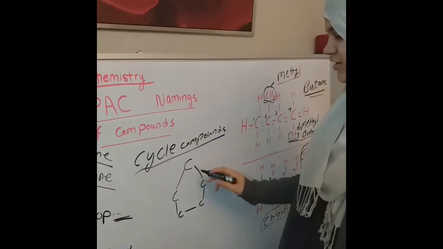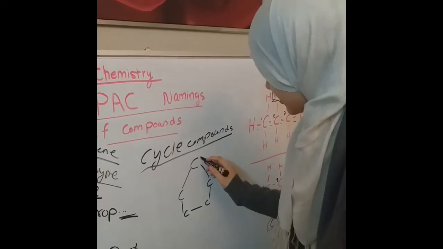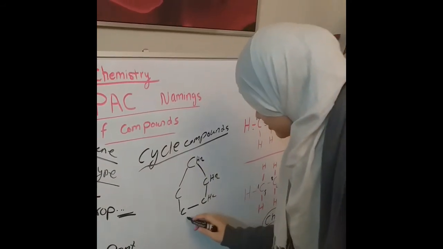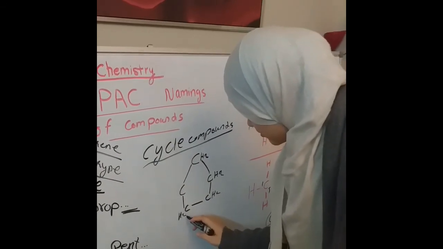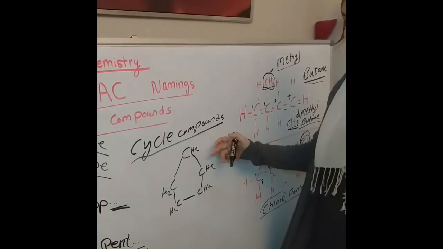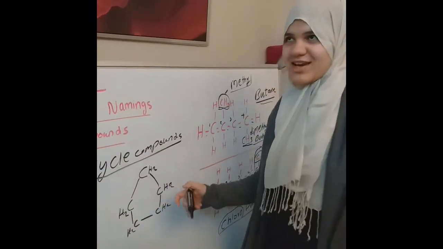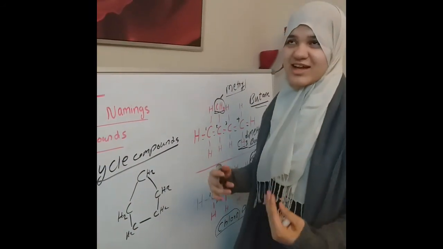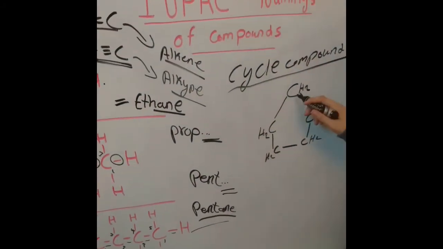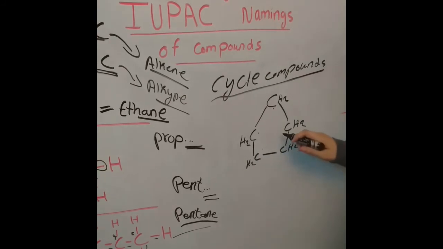So here, of course, it will be CH2, CH2, CH2, CH2, and CH2. Here, this is not like a cycle, it's like a cyclo in the name of these carbons, which we have 1, 2, 3, 4, 5.